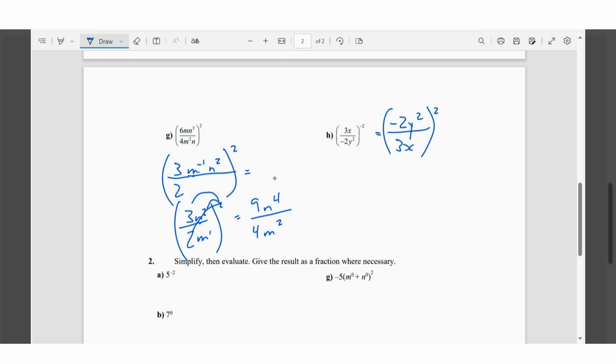And now we can distribute this squared inside. So negative 2 squared is going to give us a positive 4. And y squared becomes y to the 4 over 3 squared, or 3 times 3 is 9, over x squared.